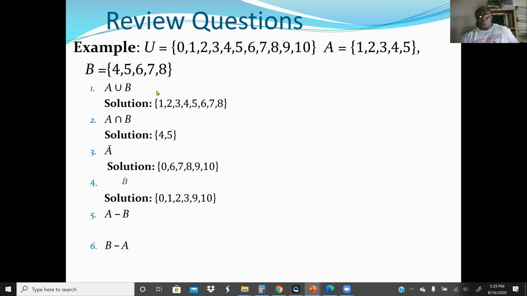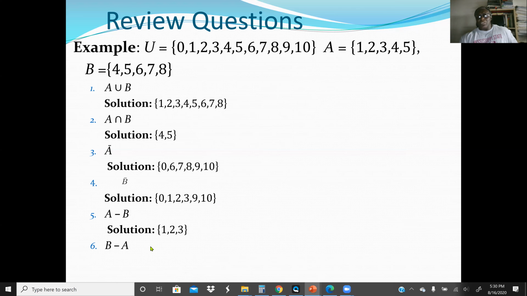So I'm going to subtract B from A. In this case, 4, 5 is here, so we remove 4, 5. So our answer will be 1, 2, 3. So A minus B, again, is like a complement of B with respect to A. I'm looking for all the elements that are in A, but they are not in B, and it's only 1, 2, 3.